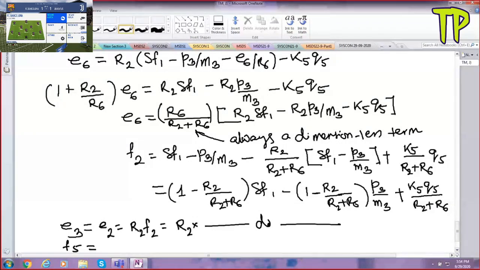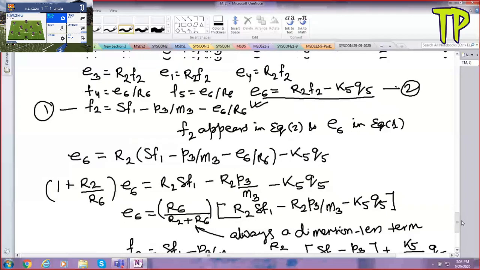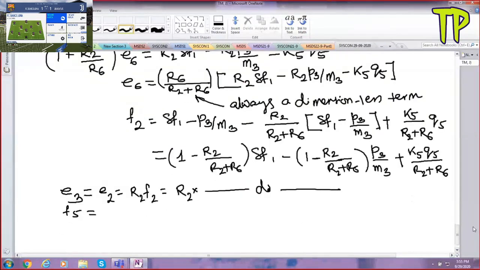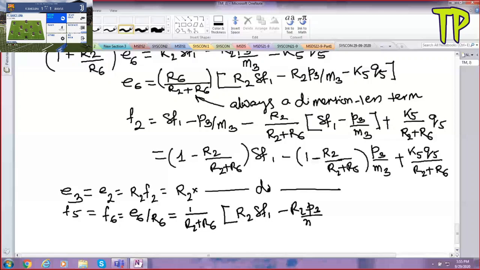F5 is the same as F6, that is a strong bond, and F6 is E6 by R6. That equation we have. So from here, R6 will cancel out. So 1 by R2 plus R6 into R2 F1 minus R2 P3 by, minus K5 Q5.